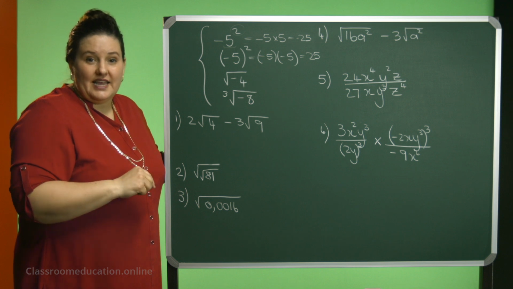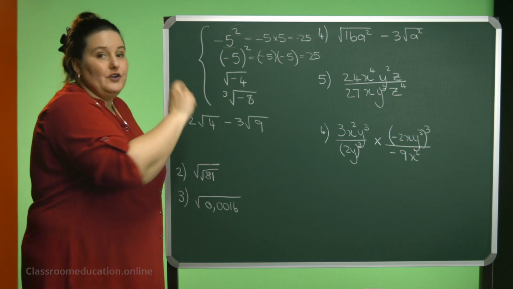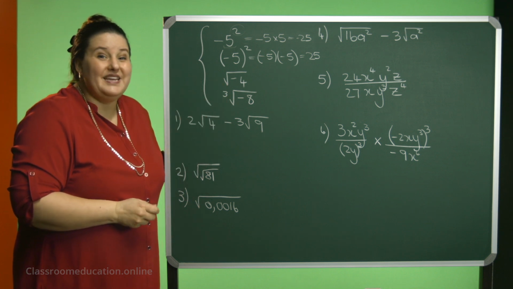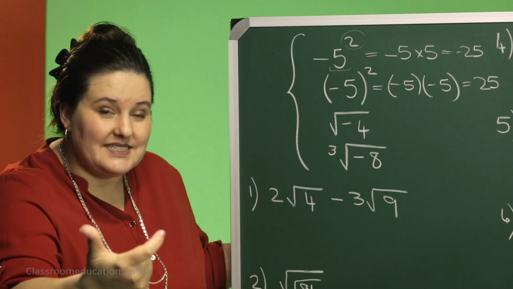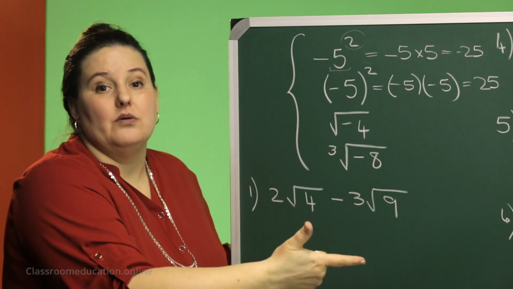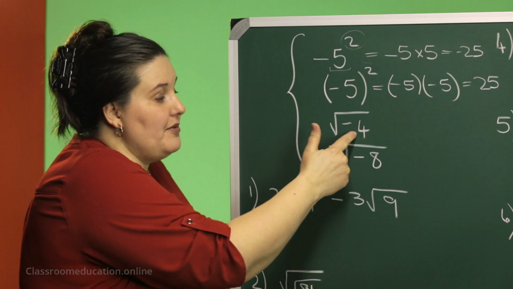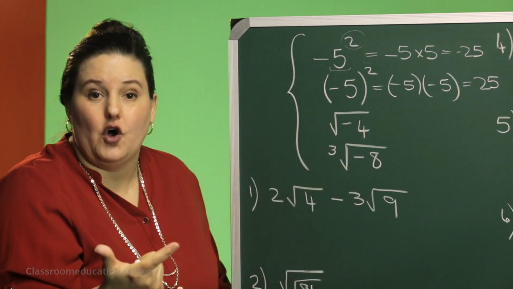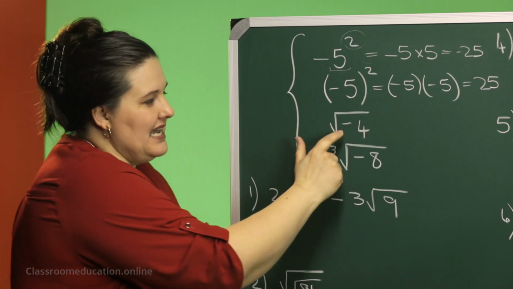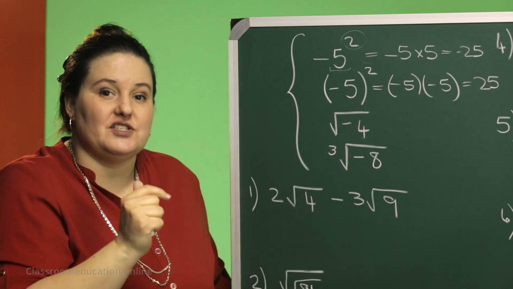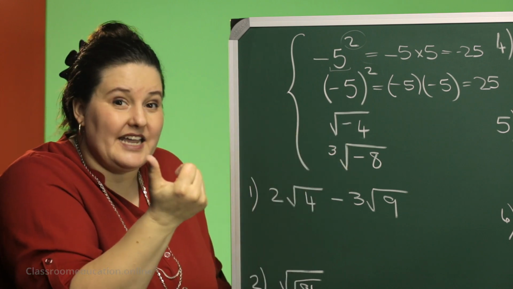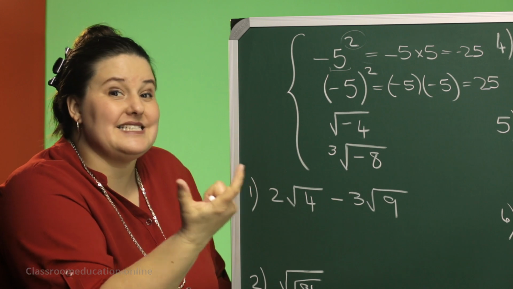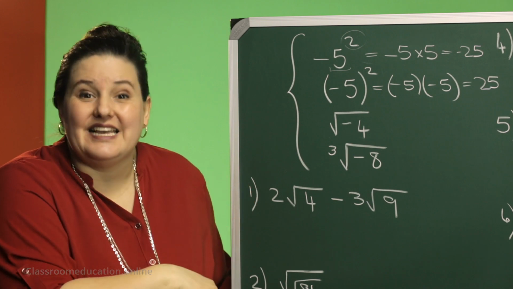Let's have a look at the next one. The square root of -4. Meaning, what times what is -4? If you deal with the number first, you can say what times what is 4? It's a 2. But now to get a negative, I need to say what sign is being multiplied by itself to give me a negative.